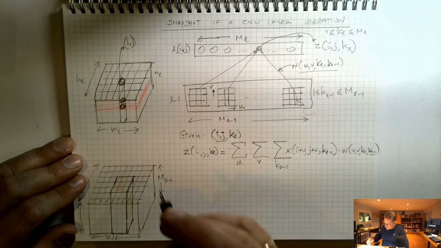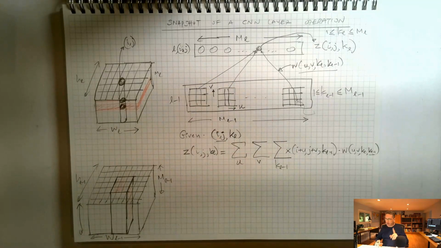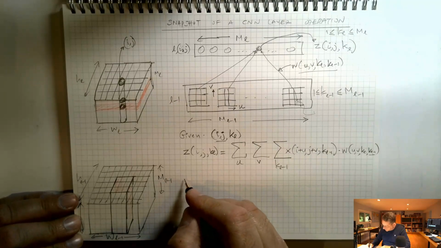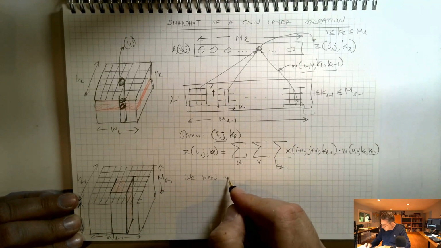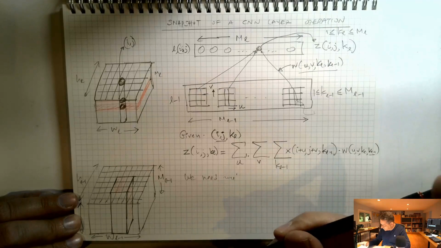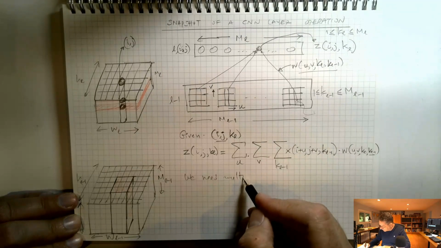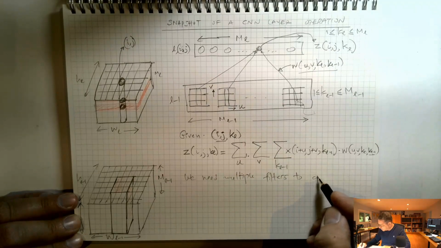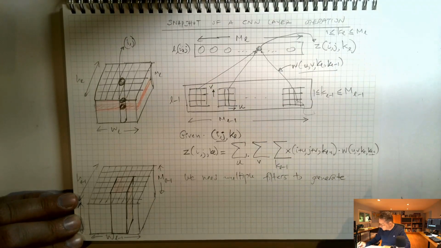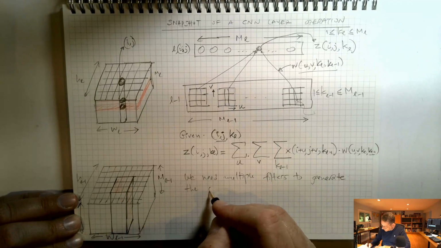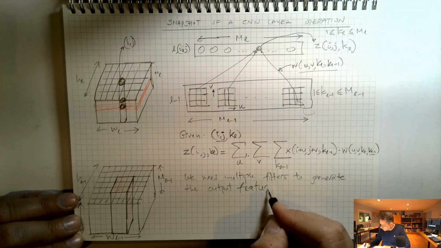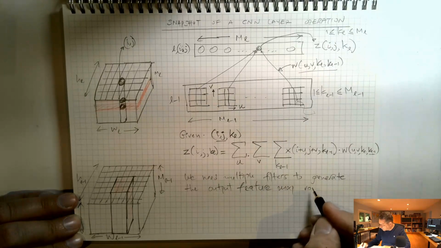And so from one filter, I'll be generating a single matrix, and therefore, and this is the important conclusion, we need multiple filters to generate the output feature map volume.